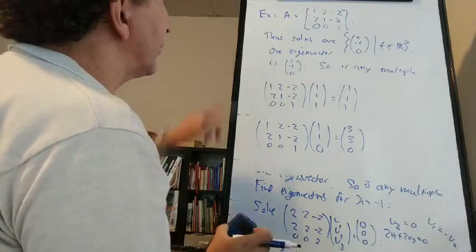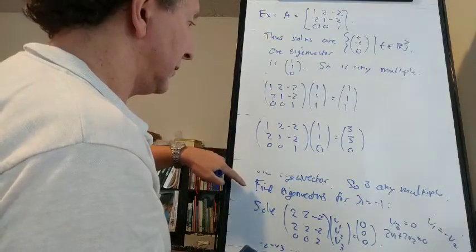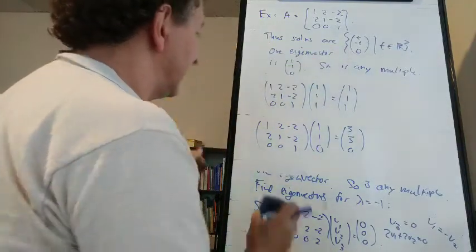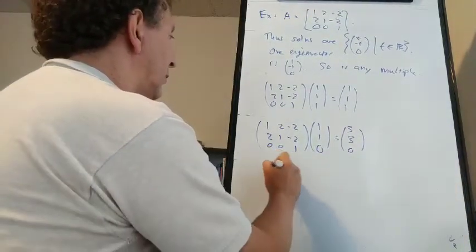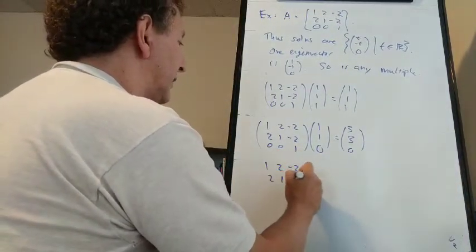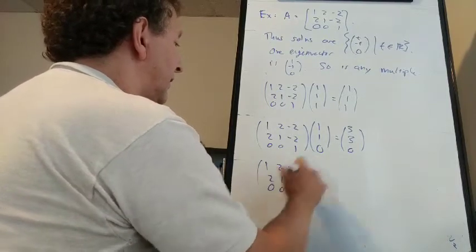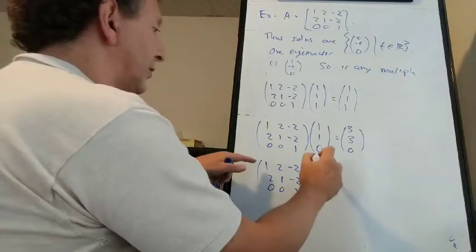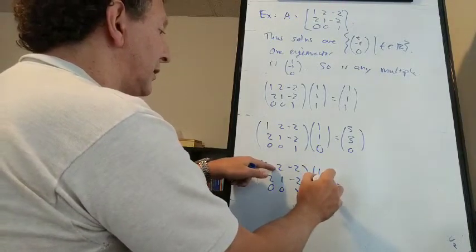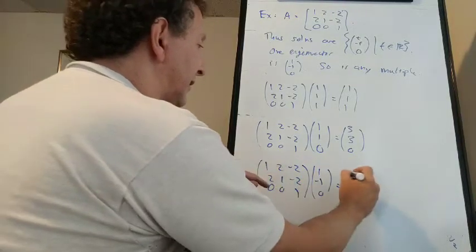And then for negative 1, we have this eigenvector. 1, 2, negative 2, 2, 1, negative 2, 0, 0, 1 times 1, negative 1, 0 equals 1 minus 2 plus 0, so it's negative 1.